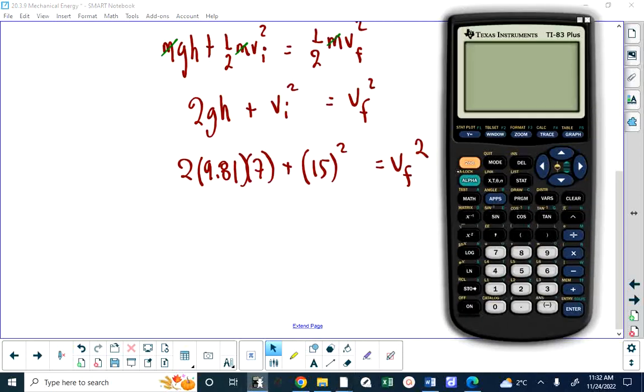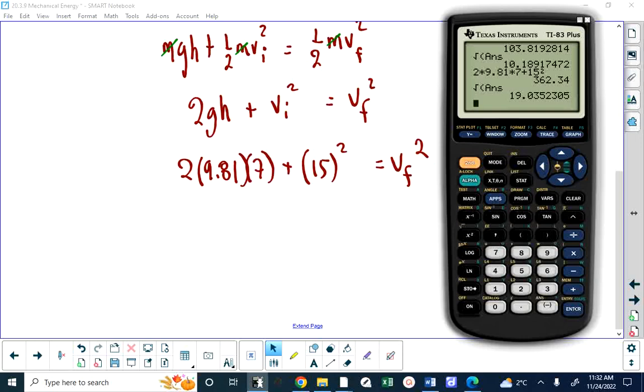What are we going to get here? 2 times 9.81 times 7 plus 15 squared. Look good? Equals, take the square root. So the answer to the question is it is moving at 19 meters per second at that point.